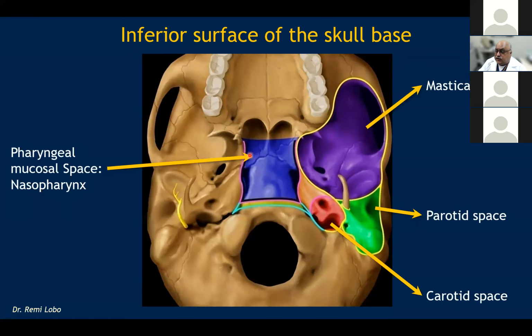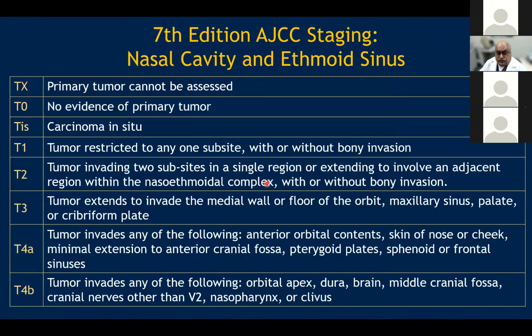And of course, the pharyngeal mucosal space is the area which is directly involved with the basisphenoid and the clivus, and any pathologies of either of these two compartments can have implications for clinical diagnosis.